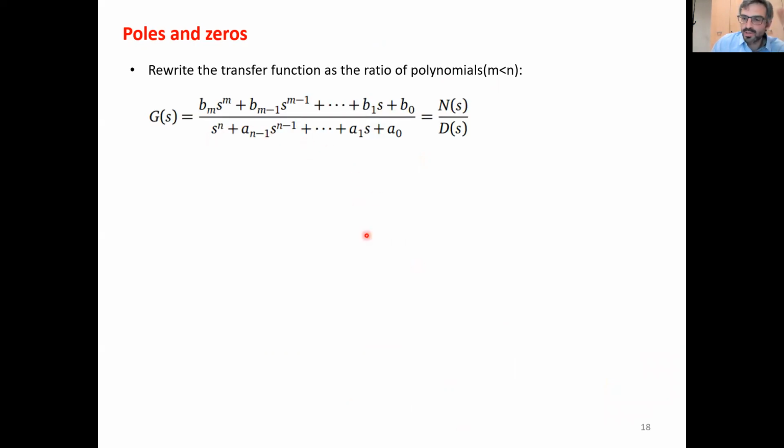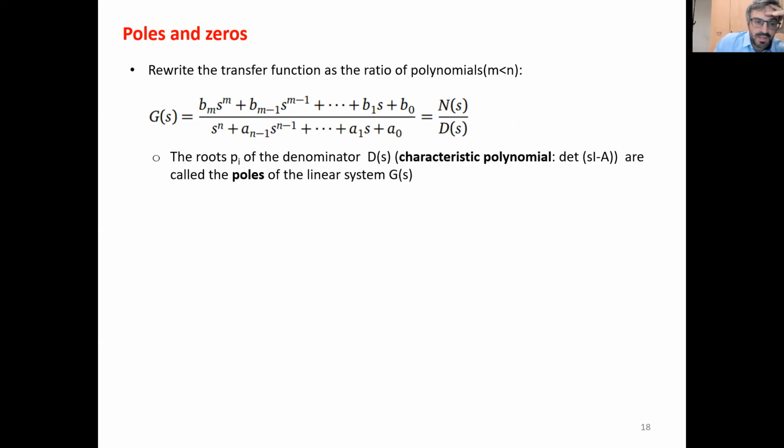If you do the previous computation of (sI minus A) inverse, you end up with two polynomials, and by analyzing them we can get a lot of information. The most important polynomial is the denominator, called the characteristic polynomial, and its roots are called the poles of the linear system represented by this transfer function G(s).